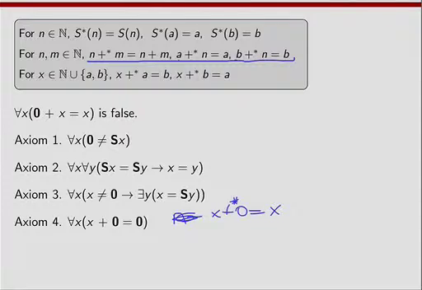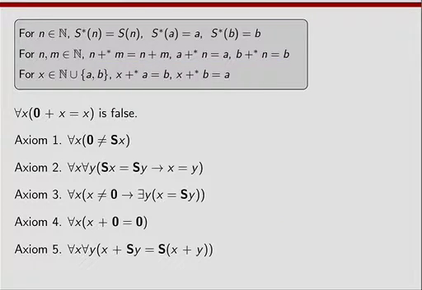Because if x is a natural number, then any natural number plus 0 will of course be x, because plus star is the old, usual addition. But if x is equal to a, then indeed a plus any natural number is going to be a. So in particular, a plus 0 will be a. Same thing for b.